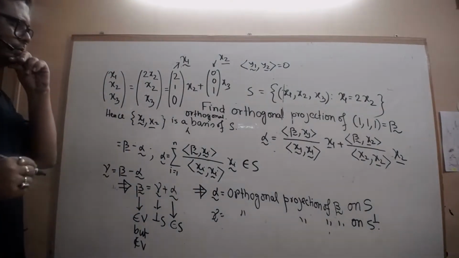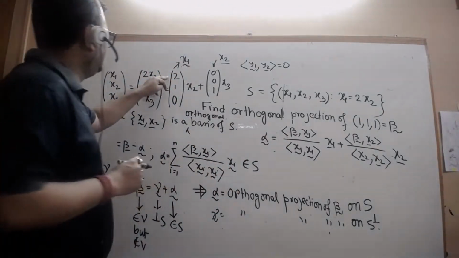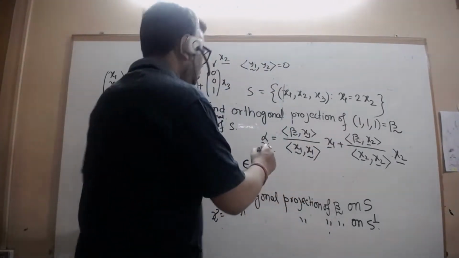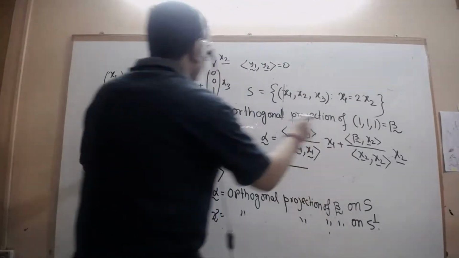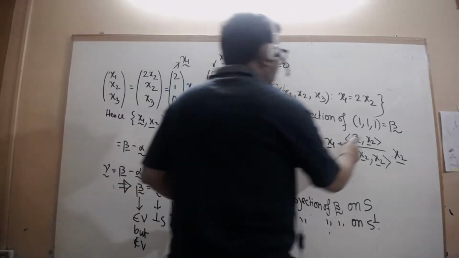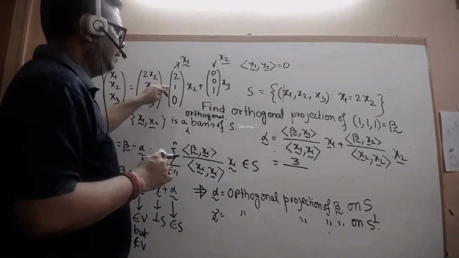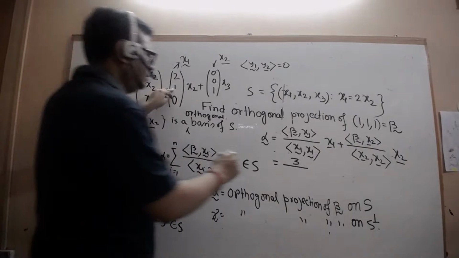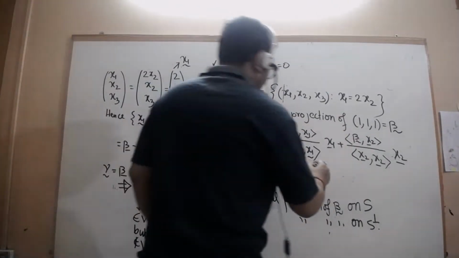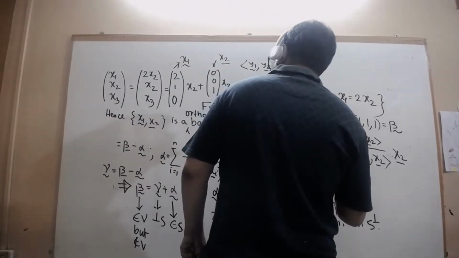So beta curl x1 curl, x1 is 210 and beta is 110. So beta curl x1 curl gives 3, and x1 curl squared is 2 squared plus 1, that is 5. x1 curl means 210.